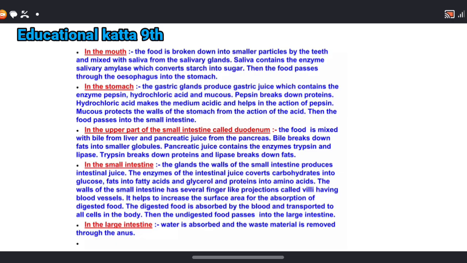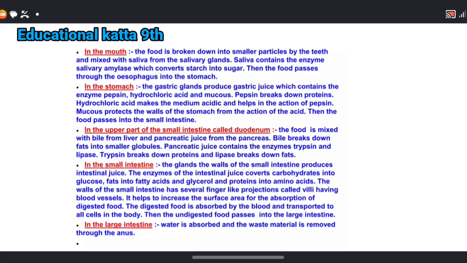Muscular walls of the stomach help in mixing the food properly with digestive juices. The exit of food from the stomach is regulated by a sphincter muscle which releases it in small amounts into the small intestine, okay.